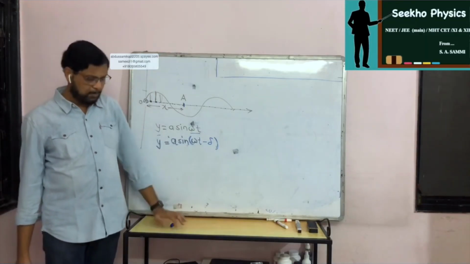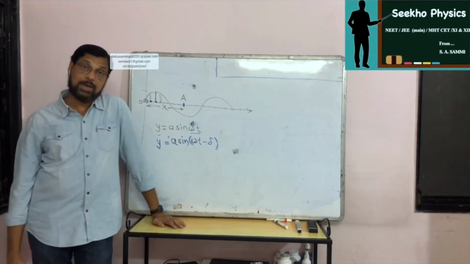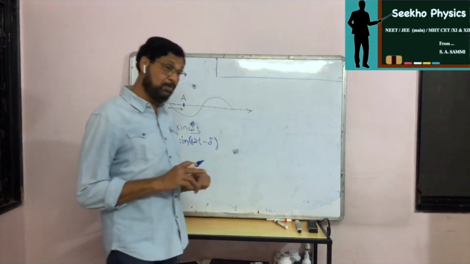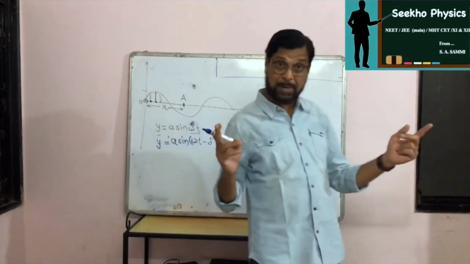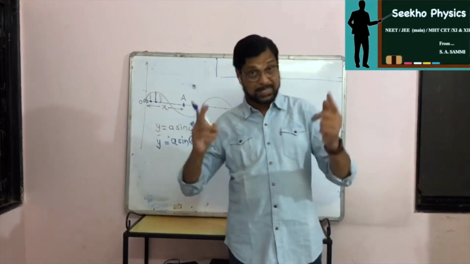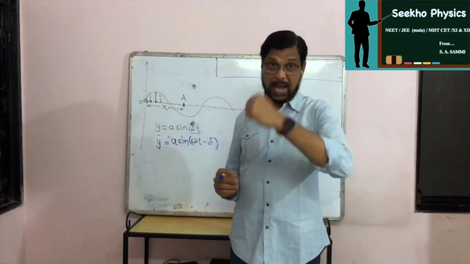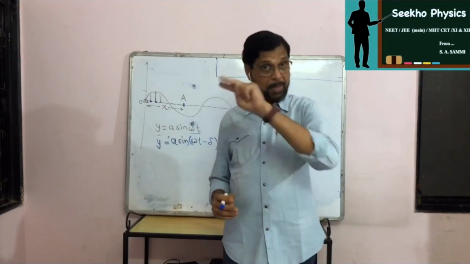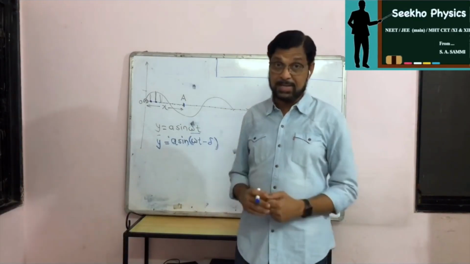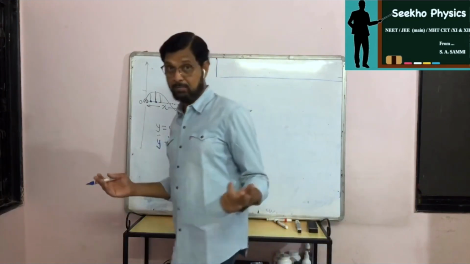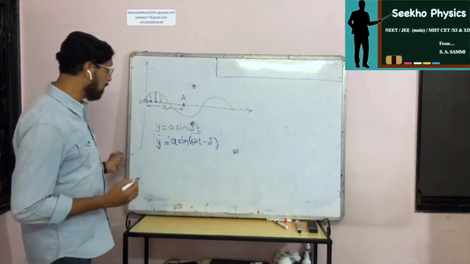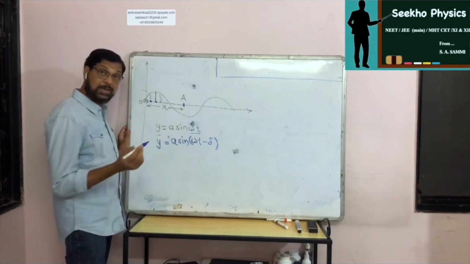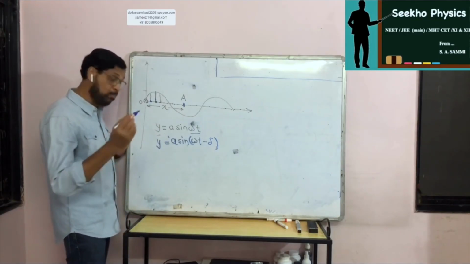If you remember the definition of wavelength, what is the definition of wavelength? The distance between two successive particles which differ in phase by 2 pi radians. ज्या दोन पार्टिकल्स मधला फेज डिफरन्स 2 pi radians असतो, त्यांच्यामधल्या डिस्टन्सला आपण काय म्हणतो? लॅम्डा, वेवलेंथ. तर दोन पार्टिकल्स मधला डिस्टन्स जर lambda असेल तर फेज डिफरन्स किती असतो? 2 pi radians.